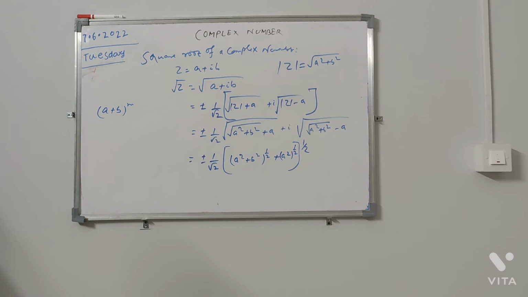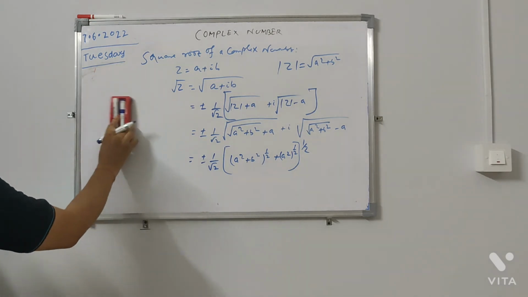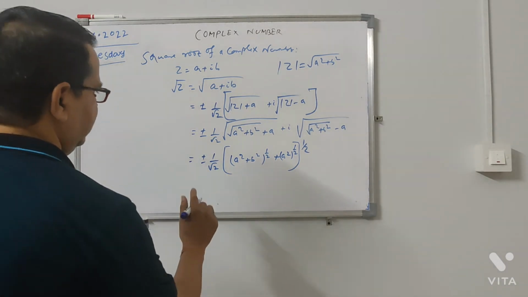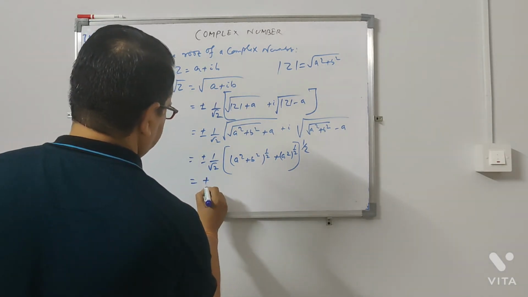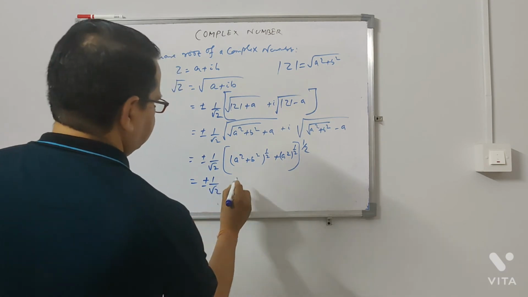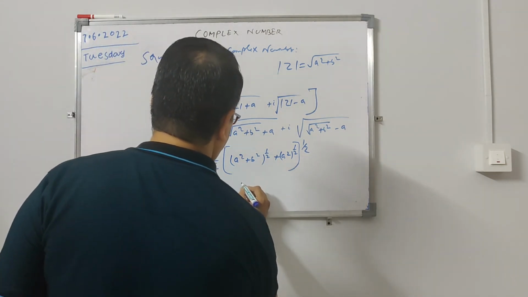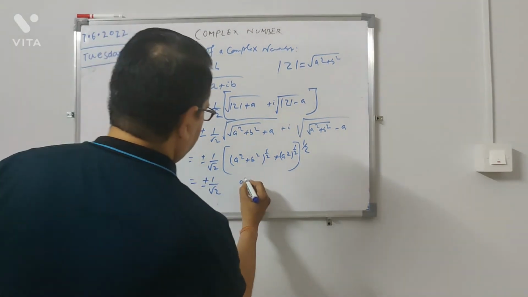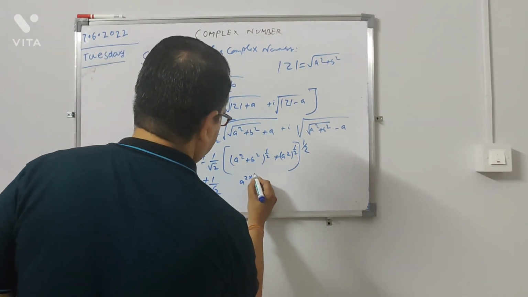You can take a square plus b square as one term and a square as one term because both of them have the same powers. A power m plus b power m, it will become a power m into n. So a square to the power m, that's what you are telling, half, right?